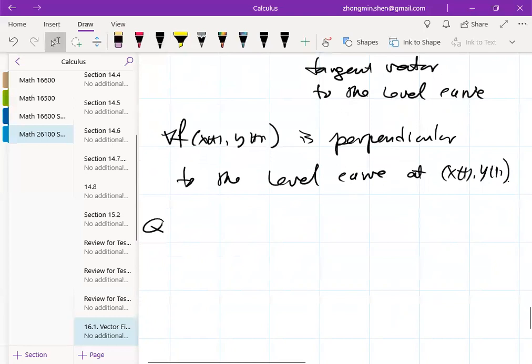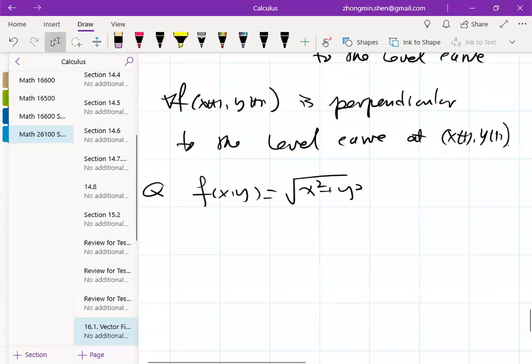All right. So, given the function square root of x squared plus y squared, find the gradient of this function.